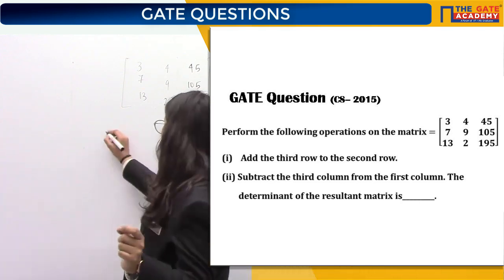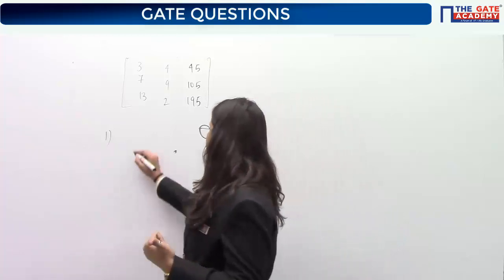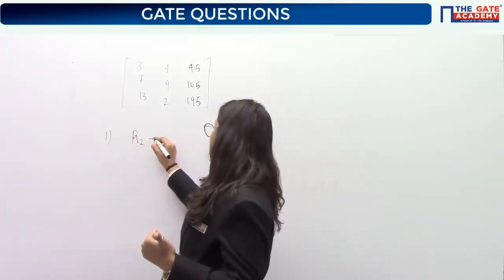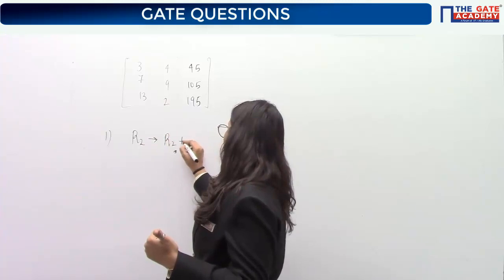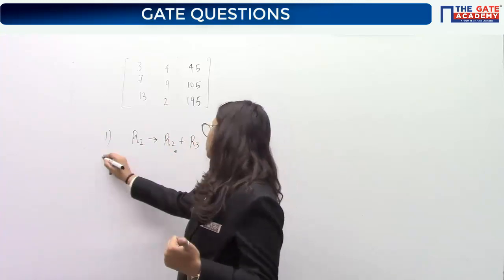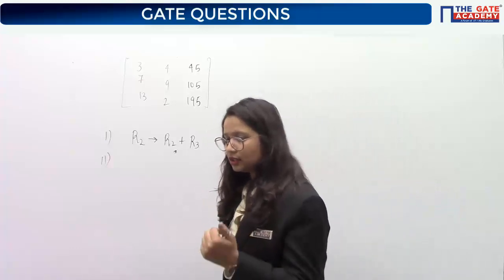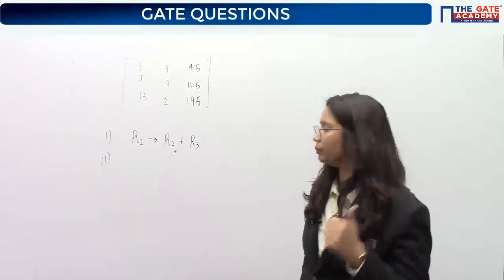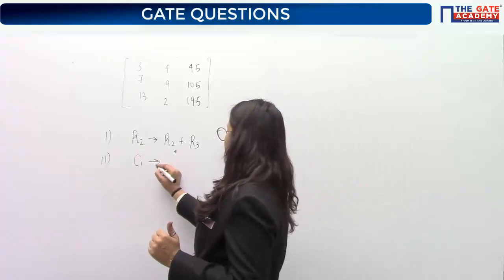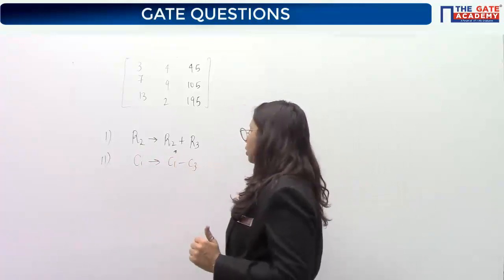First operation is to add the third row to the second row, which means you are applying the operation on R2, and on R2 you are adding the third row. The second operation is to subtract the third column from the first column. From the first column you are subtracting the third column.